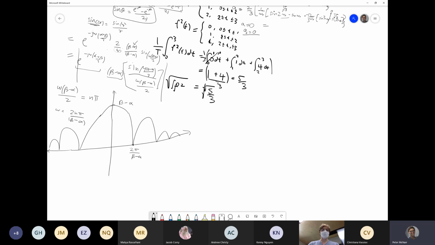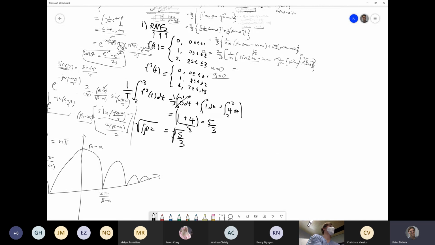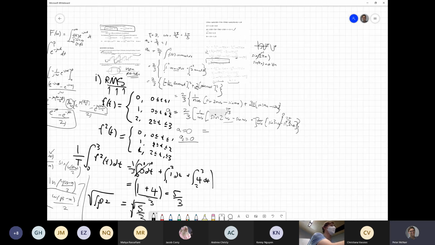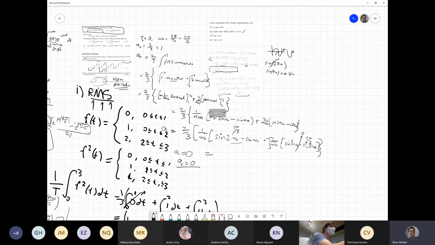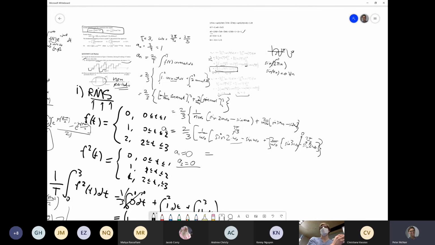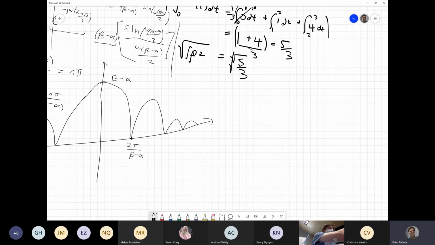And so this seems like a very involved question, but now that you've seen it, you know that for any single square pulse, with alpha and beta, you're going to get a sinc function come out.